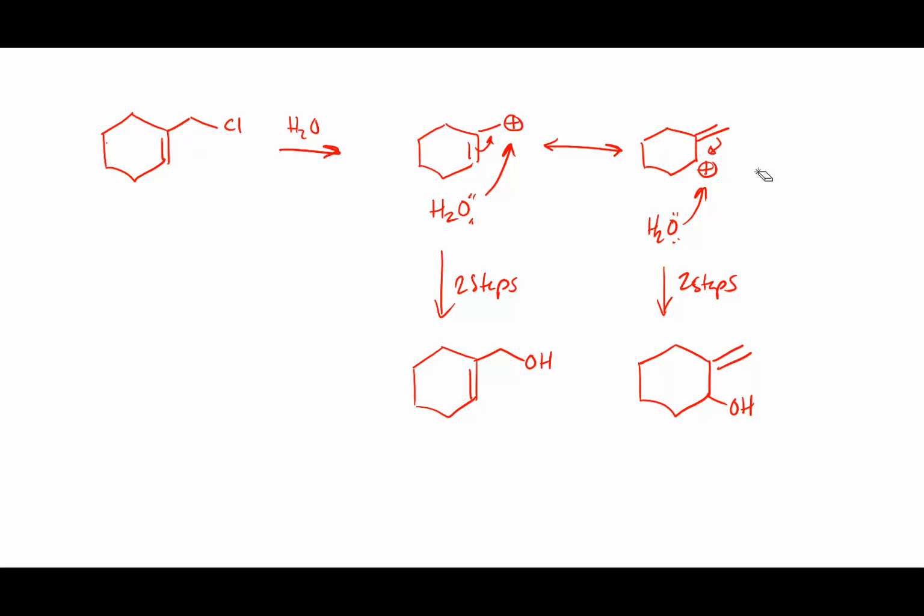Now, if you're asking yourself the question, are there reactions that don't have a kinetic and thermodynamic product? Maybe they're the same. Well, number one, if you do a reaction that gives you the same product for both resonance structures, there is no kinetic and thermodynamic product.